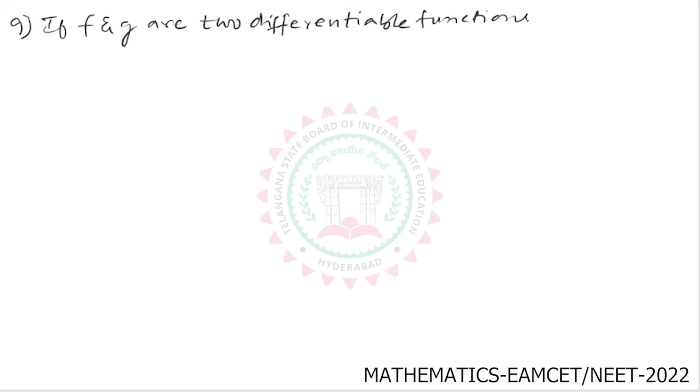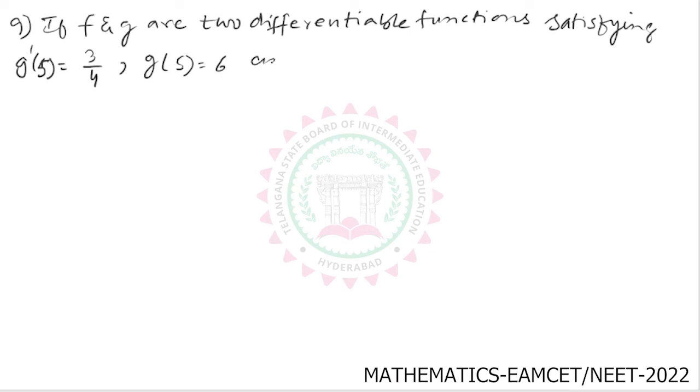f and g are two differentiable functions satisfying g dash of 5 is equal to 3 by 4, g of 5 is equal to 6, and g is equal to f inverse is also given.